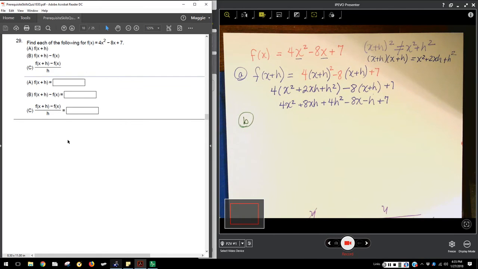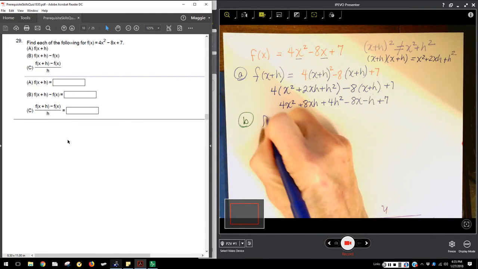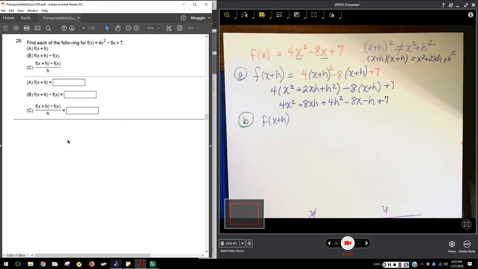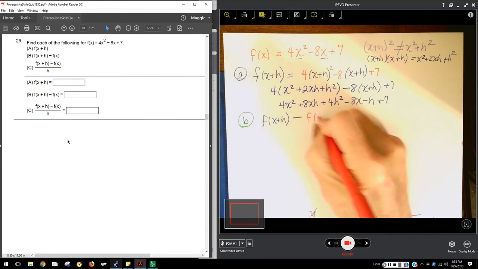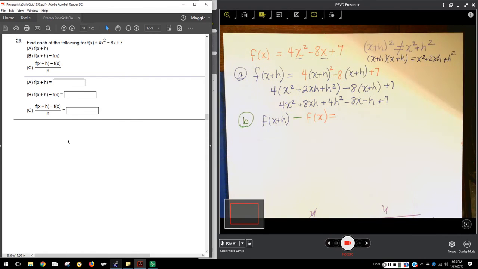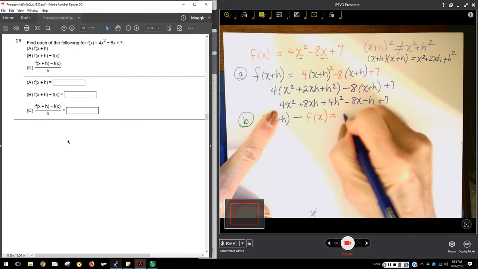Part B, we're going to take f of x plus h and from it we are going to subtract f of x. So this is f of x plus h.